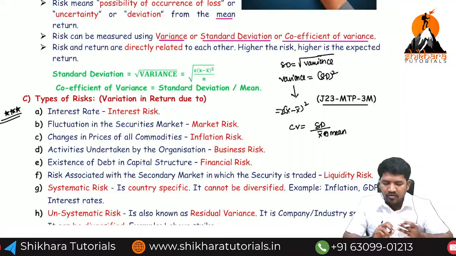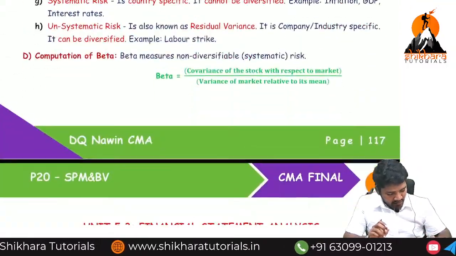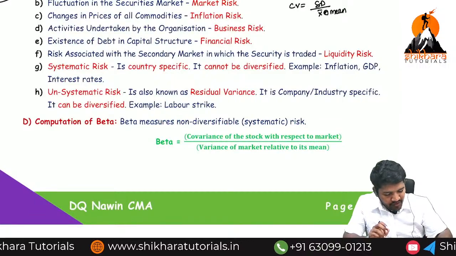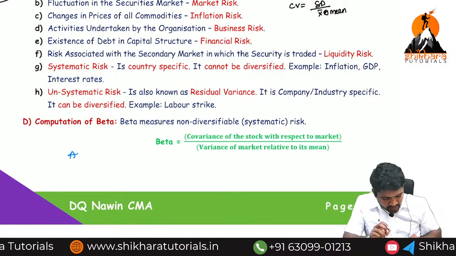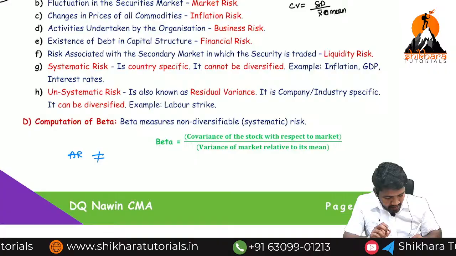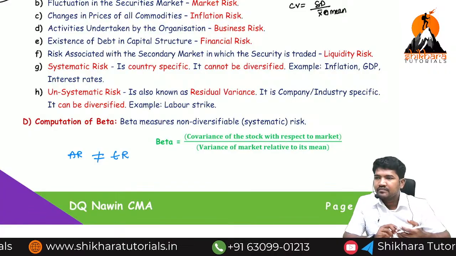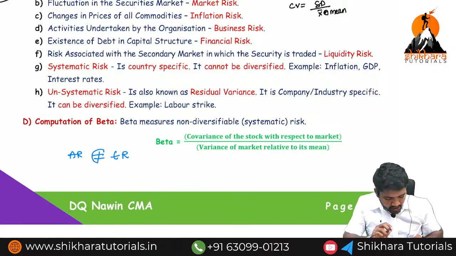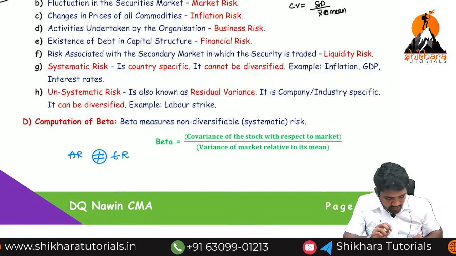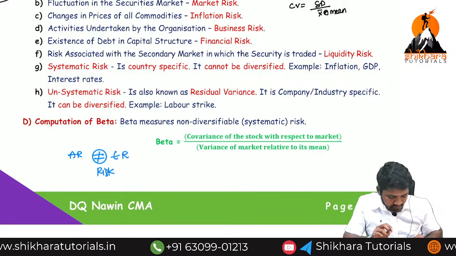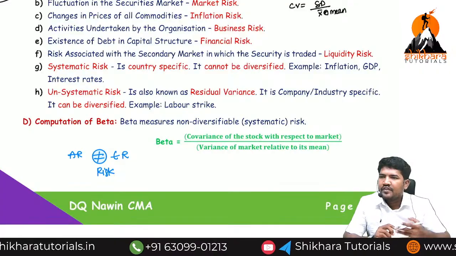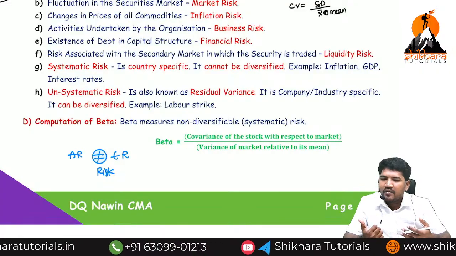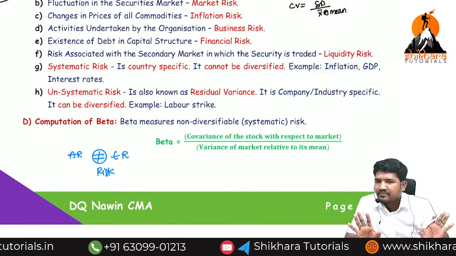Very clear? So we already discussed one thing: actual return is not the same as expected return, right? This not-equal came because of risk. If there is no risk, that not-equal would be converted into equal. Are you clear?